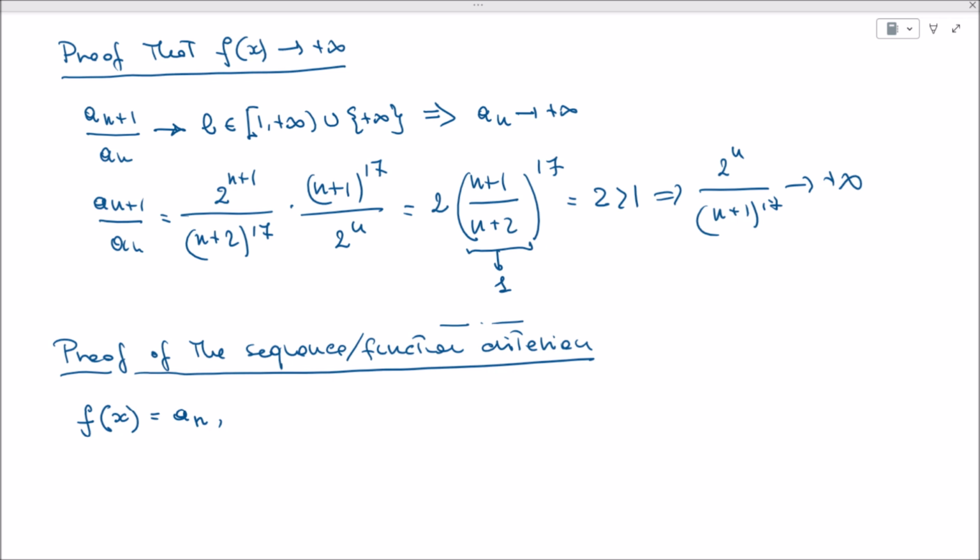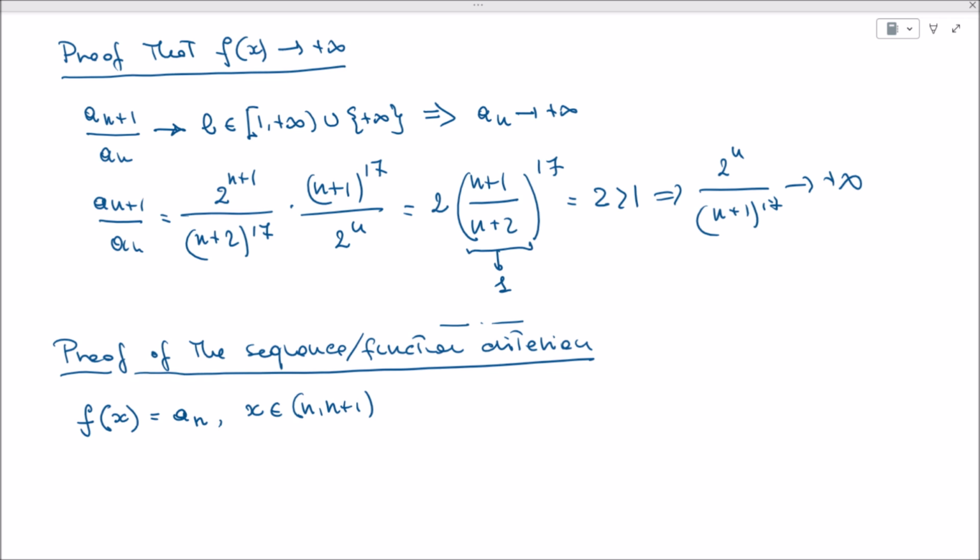a_n, okay, that is basically providing all the values that the function is taking in each and every interval, if x belongs to [n, n plus 1), right?